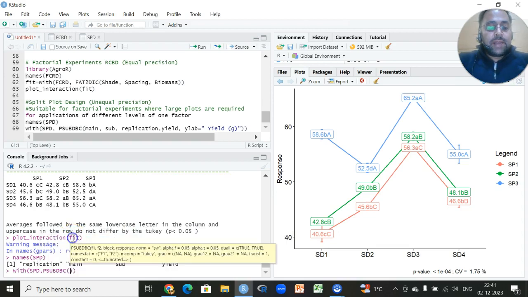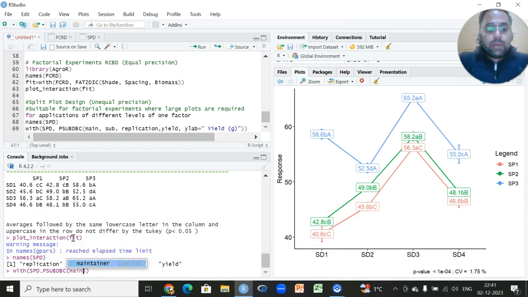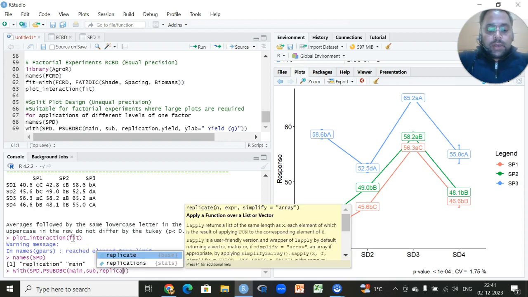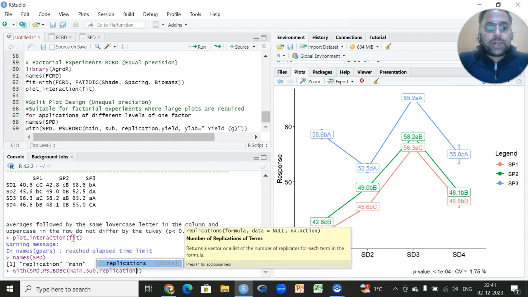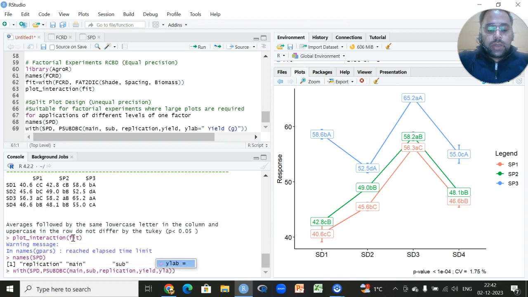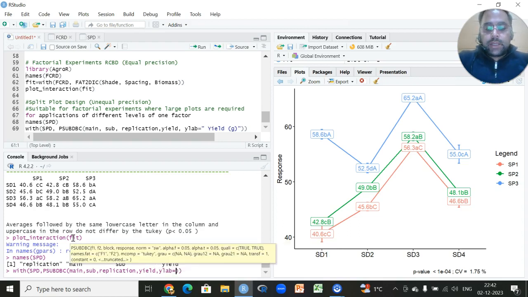The default function is PSUBDBC, and within it I write the name of the main plot followed by the subplot, then the name of the blocking variable, here replication, followed by the name of my response variable, which in this data set is yield, and we can label it in order to display the graphical visualization of our results.